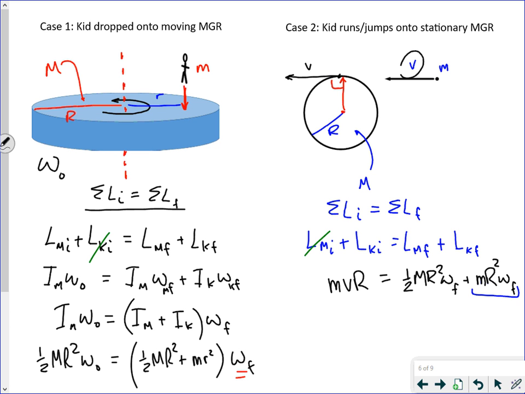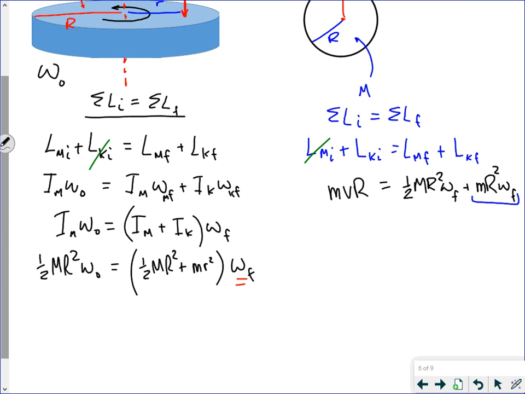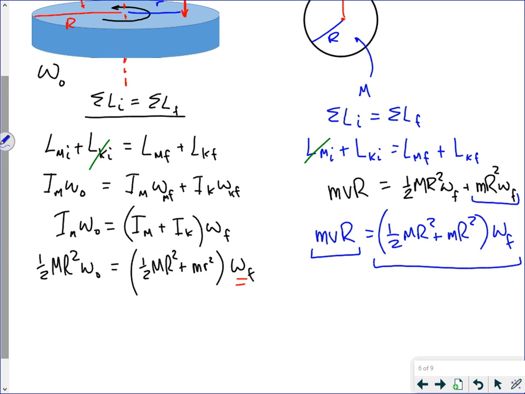And like we did over on the left side, we can say that the kid hits and sticks here, so we get something like little m v big R is 1/2 big M R squared plus little m R squared, I system, at common omega final. Right, and again, what do we want to solve for? I don't know. But this is an expression that talks about initial angular momentum, final angular momentum, and that they're equal. It's conserved. Fair enough?